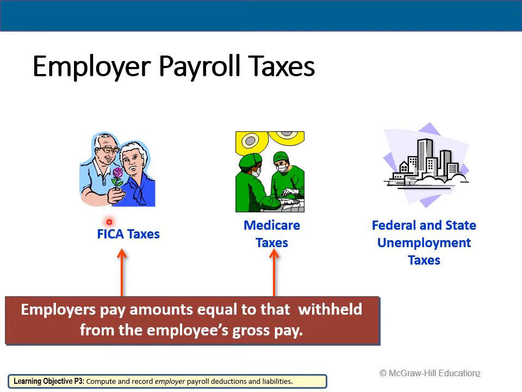In addition to taxes that the employee pays, i.e. you if you have a job, the employer, the company you work for, also pays taxes, right? So the thing to know about FICA, Social Security, and Medicare is that they're matching taxes, which means the employer pays the exact same amount that comes out of your check.